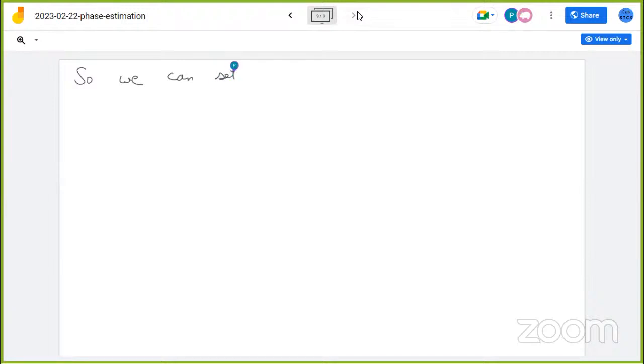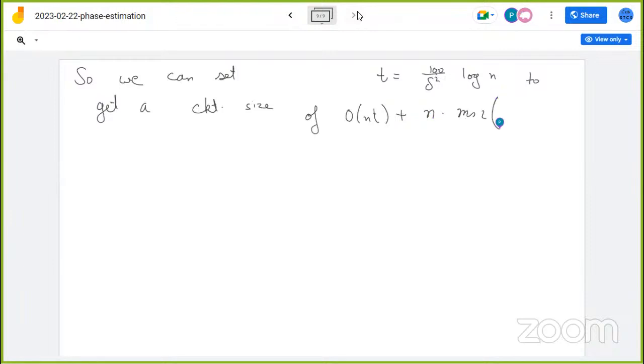We can set C to be some 1 by delta, where... circuit size of order n times the max circuit size.